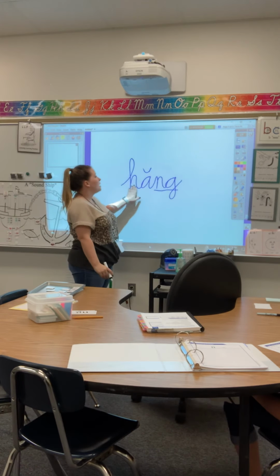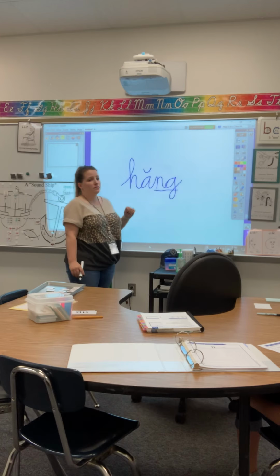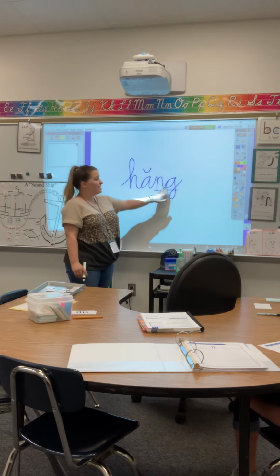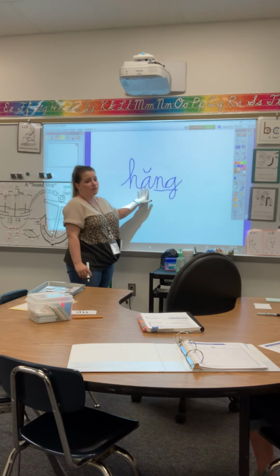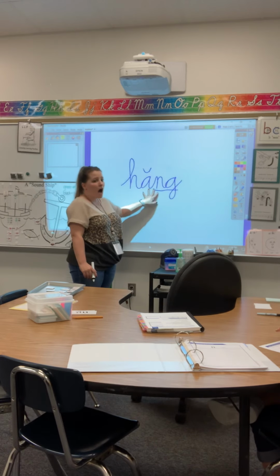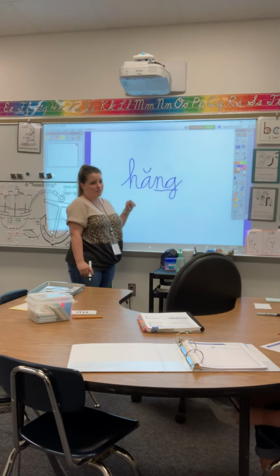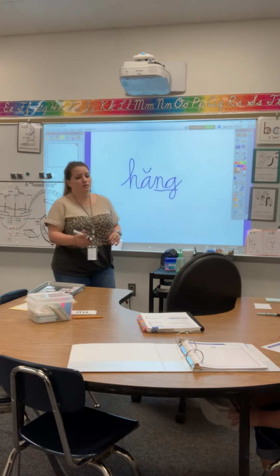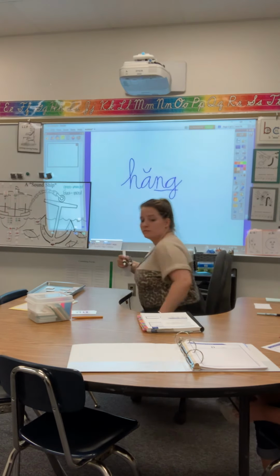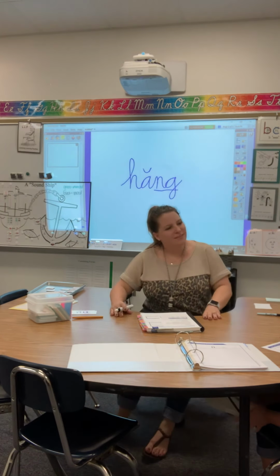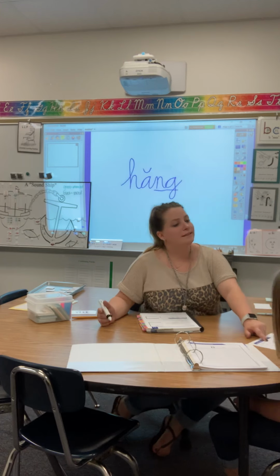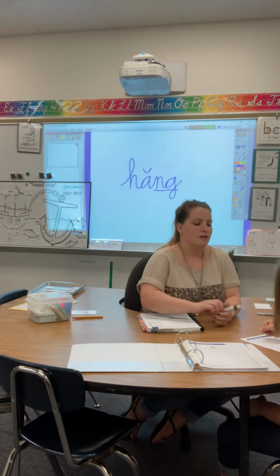So now we have hang. This NG makes the A sound a little funny. So it doesn't say hung, it says hang. Okay? So let's do the next one. So it's basically kind of, but I says ing. Okay? So right here.